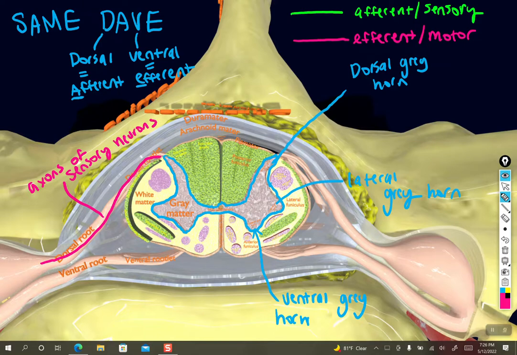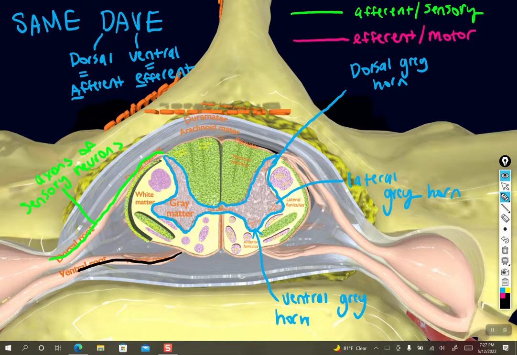Oops, and I wrote it in the wrong color. Look at that. Let me try that again. Okay, so axons of sensory neurons. And the ventral root and rootlets, I said pink. There we go.